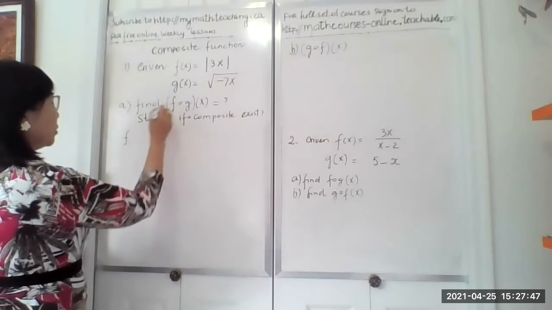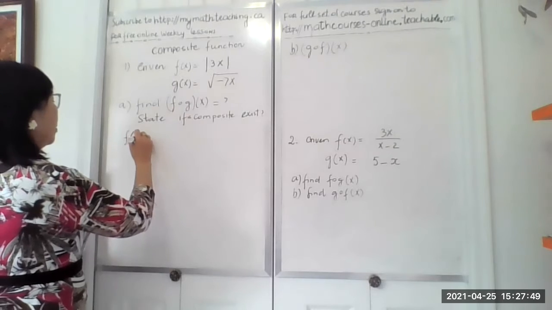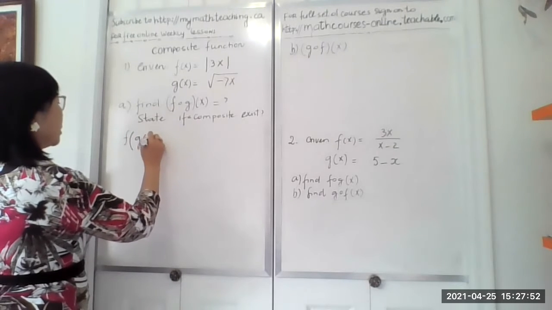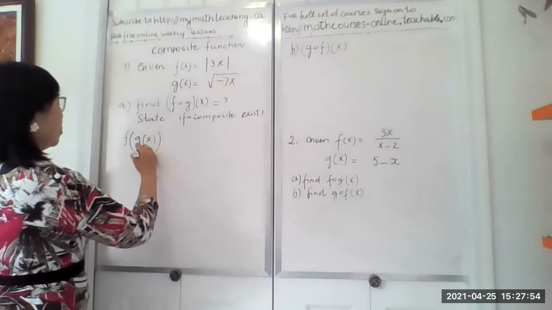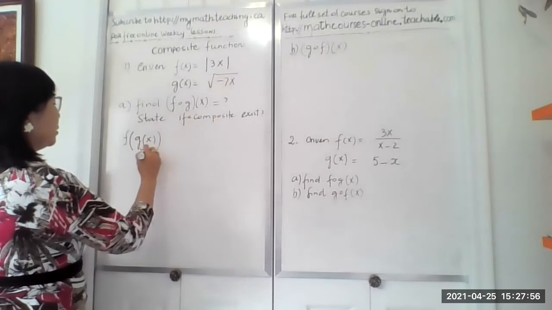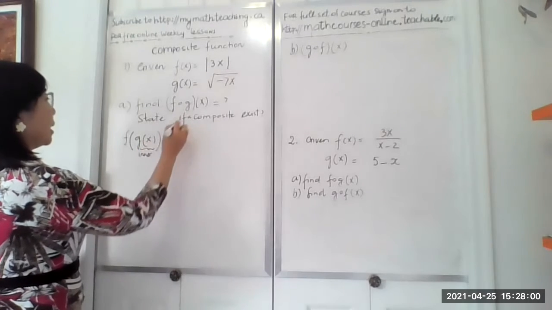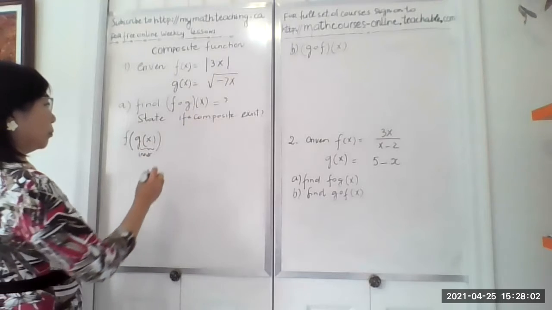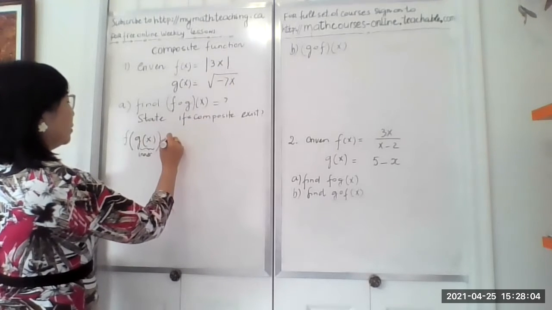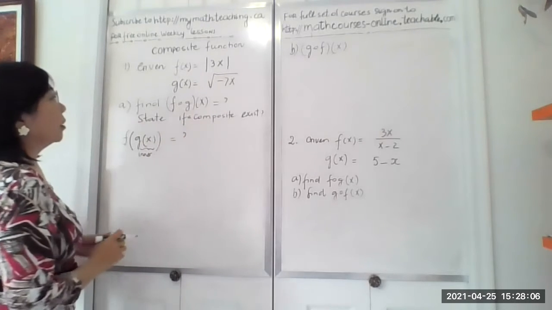We have f of g of x. So the inside here is the inner function. So g of x is the inner function. And we want to find this function.